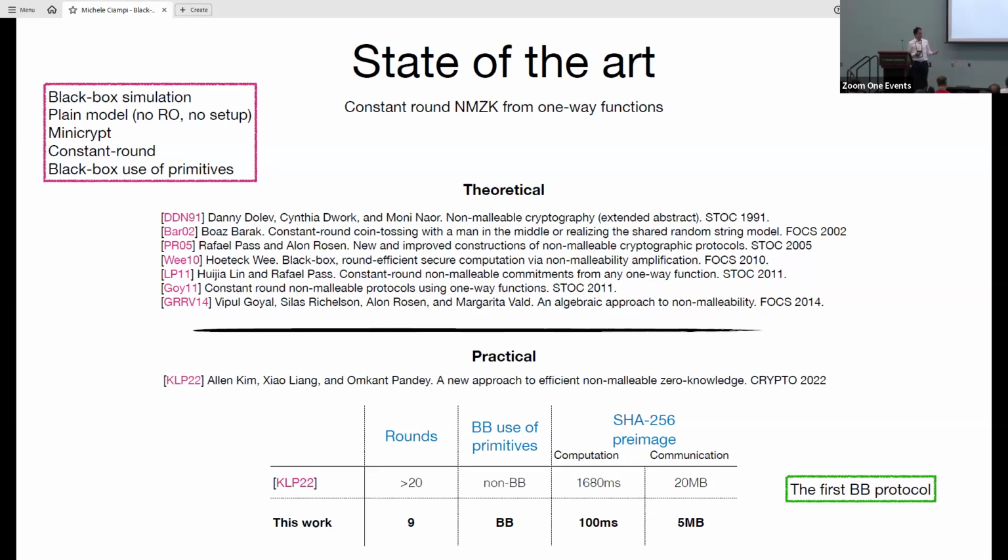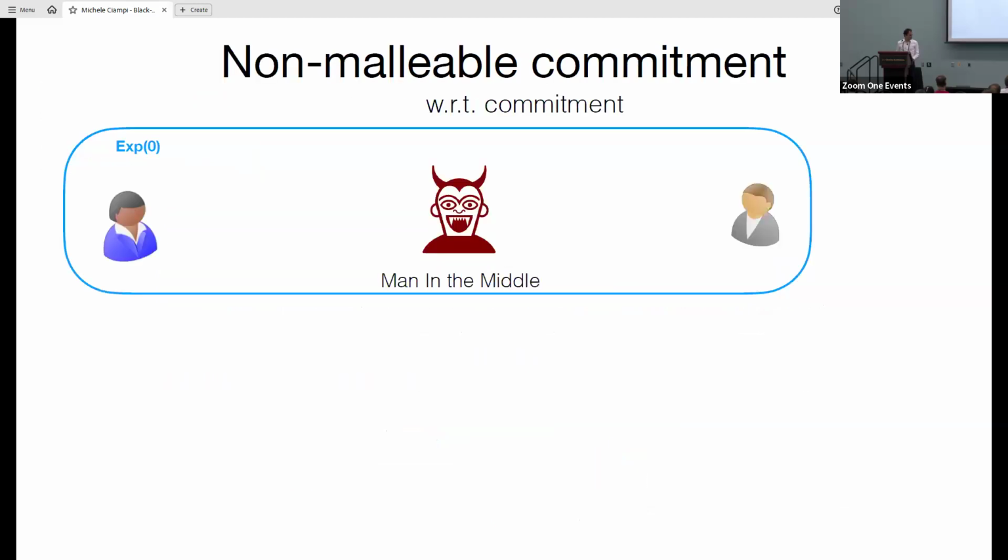Our protocol has just 9 rounds of communication, the prover can issue a proof in around 100 milliseconds, and the proof size is also quite small. This protocol has other nice properties that I will list at the end.